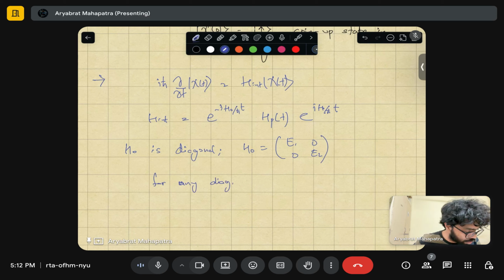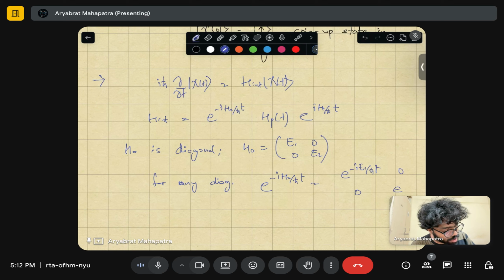You can write the exponential of minus i h naught by h bar t as exponential of minus i e1 over h bar t, 0, 0, exponential of minus i e2 over h bar t. You can write this only if your matrix is diagonal.